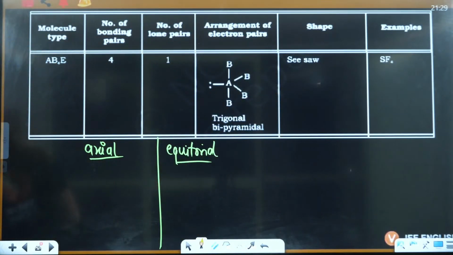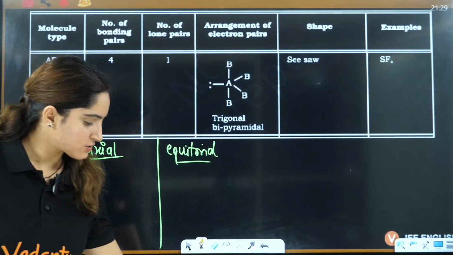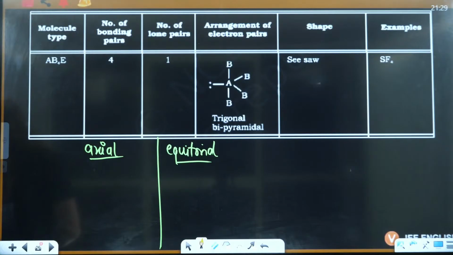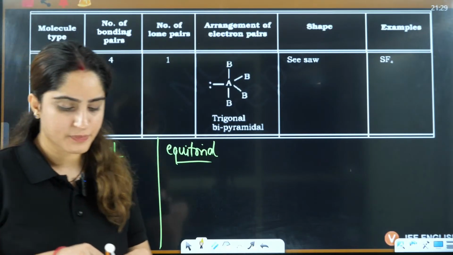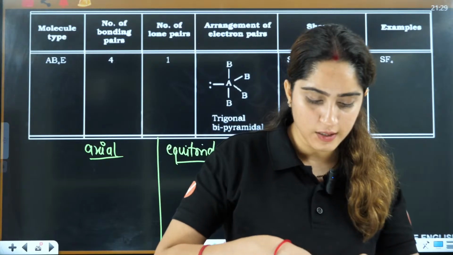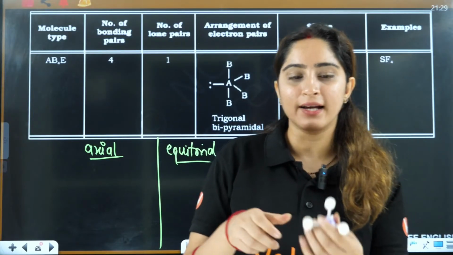Okay, so I'll just show you the geometry here. If you see this here, what exactly happens?